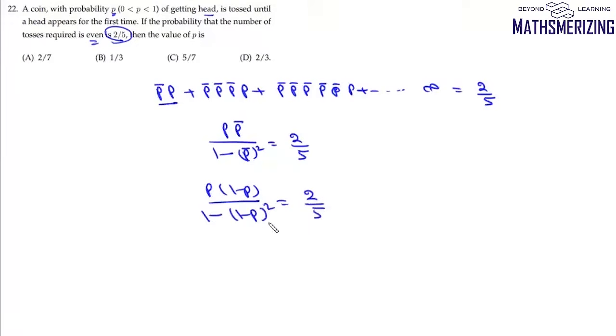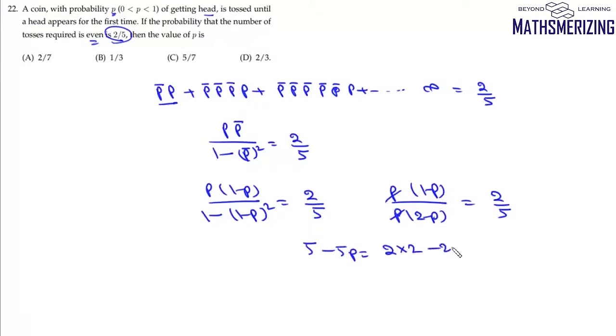Now we'll use a plus b, a minus b. We'll get this as P(1 minus P) upon P(2 minus P), and this is 2 by 5. Now P and P will cancel. We'll get 5 minus 5P, and it will be equal to 2 into (2 minus P). So it will be 3P is equal to 1. So value of P is simply 1 by 3. And that's your option number B.